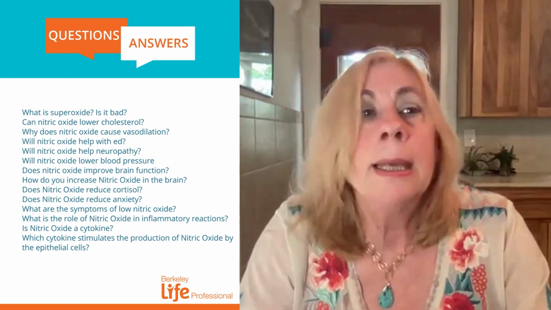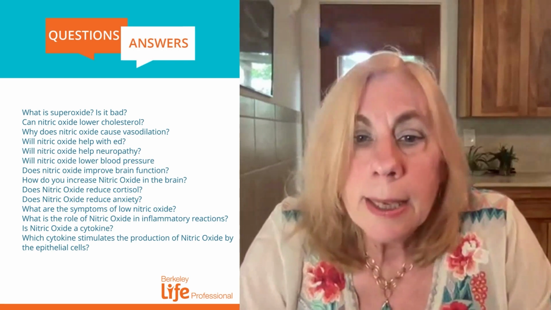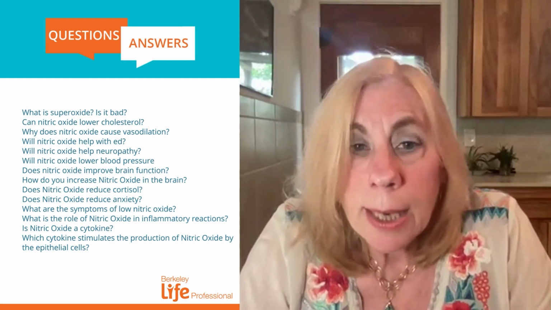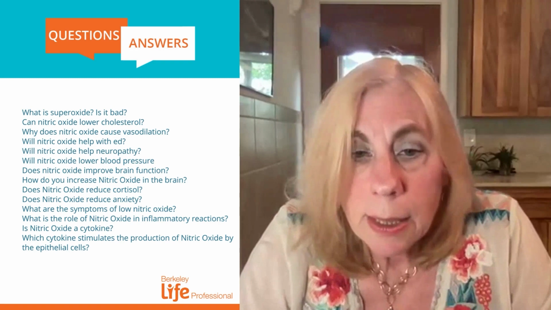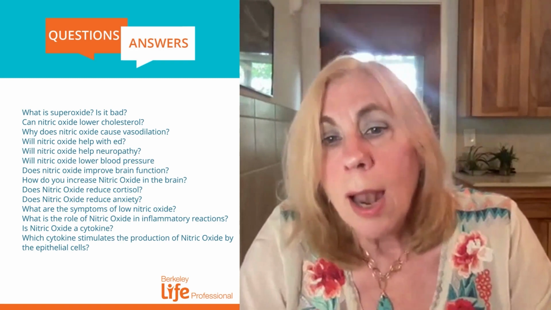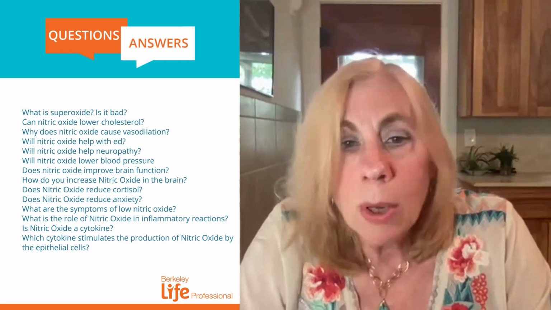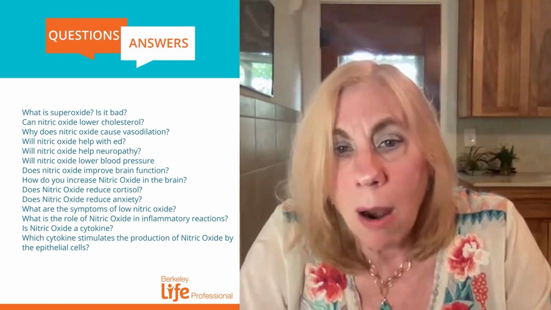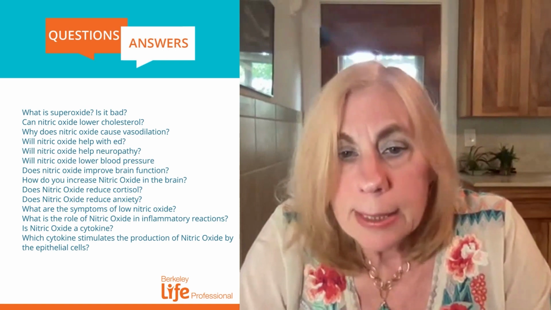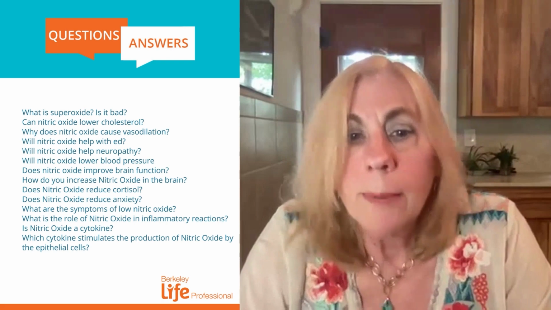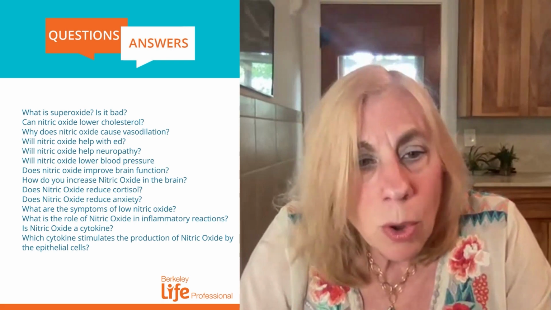Nitric oxide decreases the mast cell degranulation, the histamine release. And we all know like what our brain feels like when our allergies are increased. We don't think well. Nitric oxide plays a role in that.